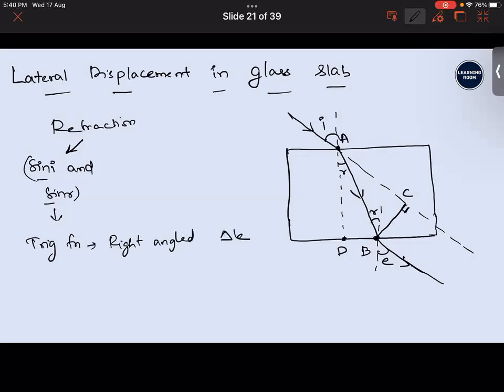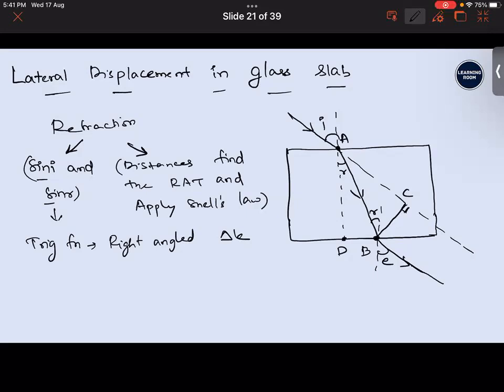Okay. Whereas, on the other hand, what you need to do is, for distances, find the right angle triangles and apply Snell's law. Okay.